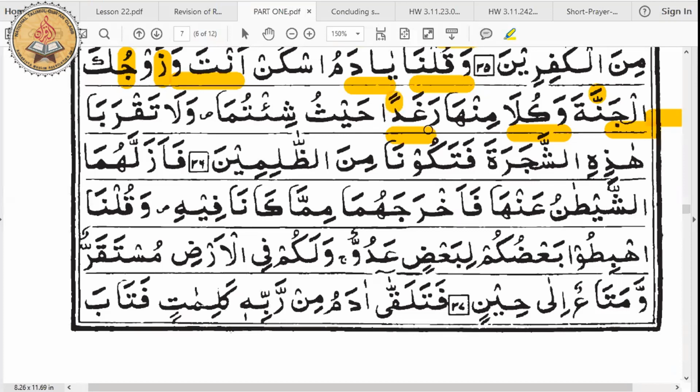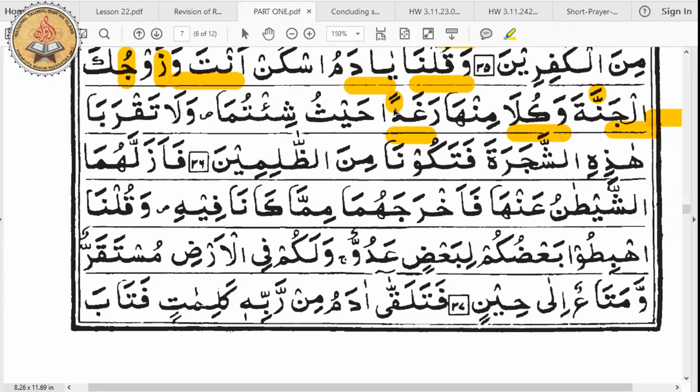Ragadan. Ragadan. I said that because on the da there's a fathatain and there's an alif mother. Yeah, you said it like ragada when you are pausing over it, but here we are reciting in continuation, so we would say ragadan.